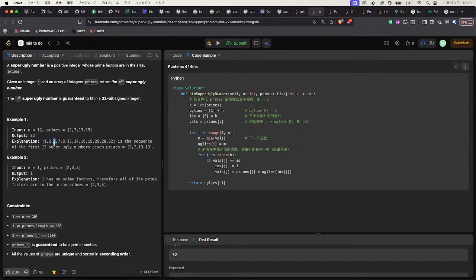So when we get 4 in the super ugly number array, we just have to update some candidates.